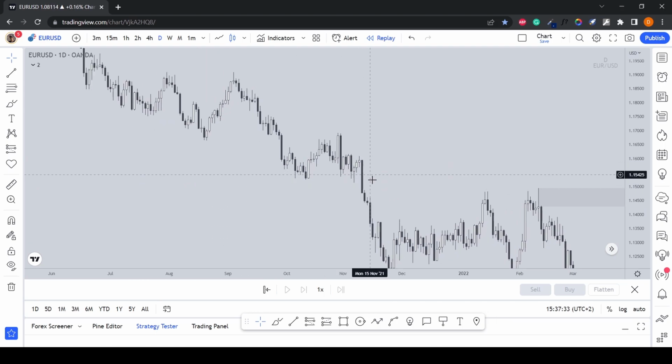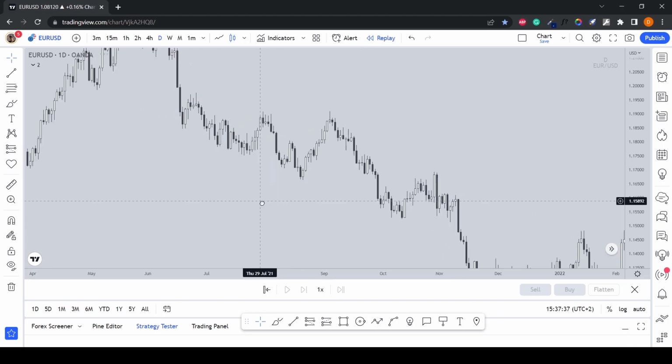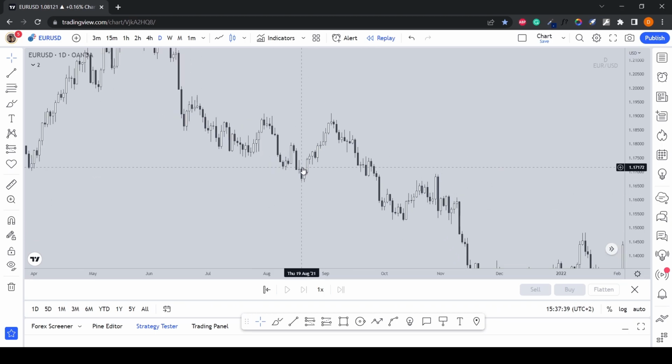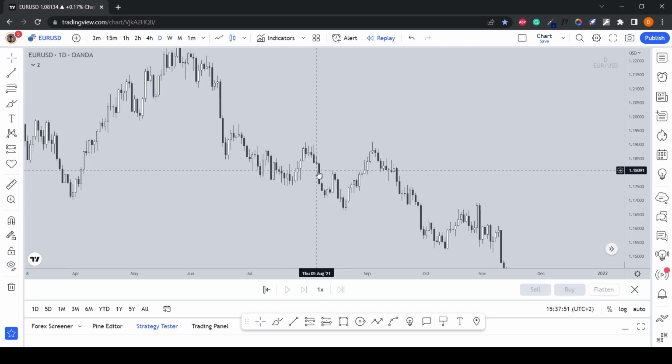A clear move away from the zone, this one. This one is relatively average quality. The impulse went up, but then got stuck with this weaker price action. This one is okay overall.